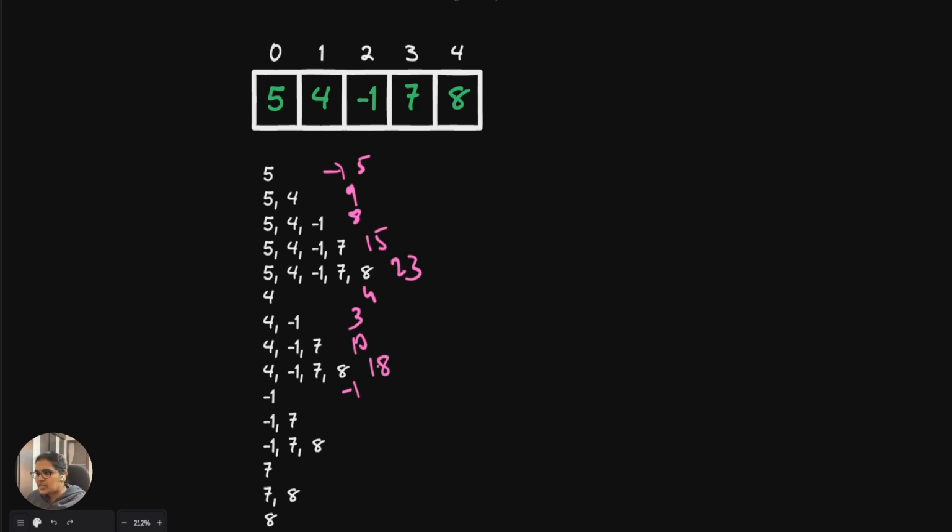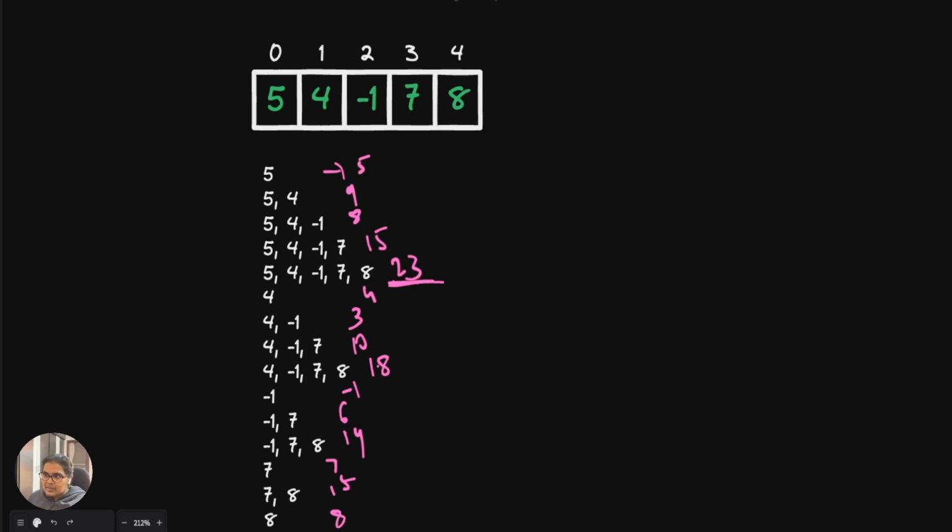For this -1, 6. 6 plus 8 is 14. This one is just 7. 7 plus 8 is 15. And this one is 8. So if you observe, the maximum subarray is with this. So we have to find the sum of all these subarrays and then find the maximum among them. Then we will find the answer.